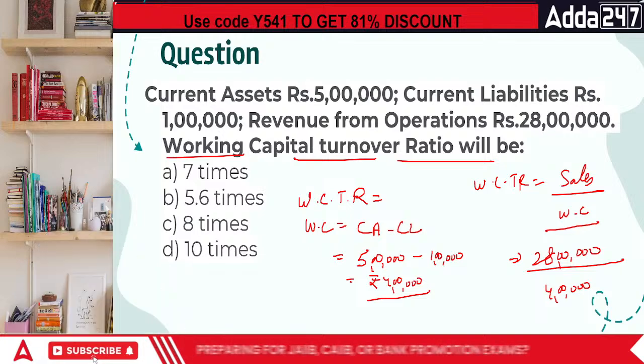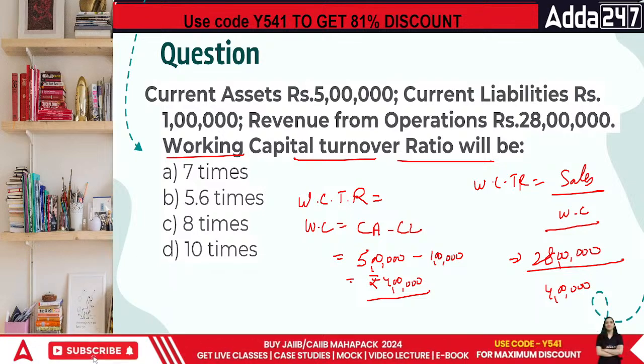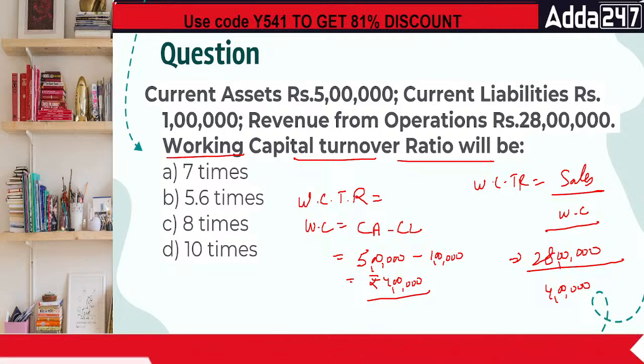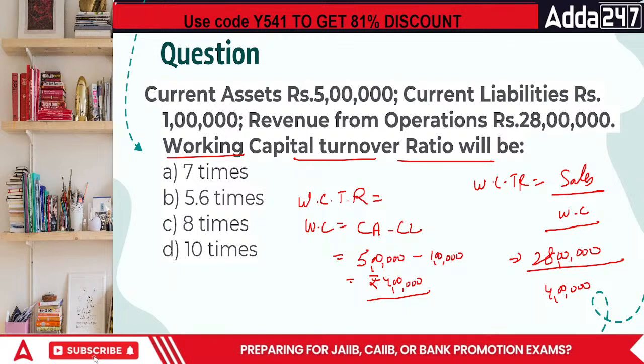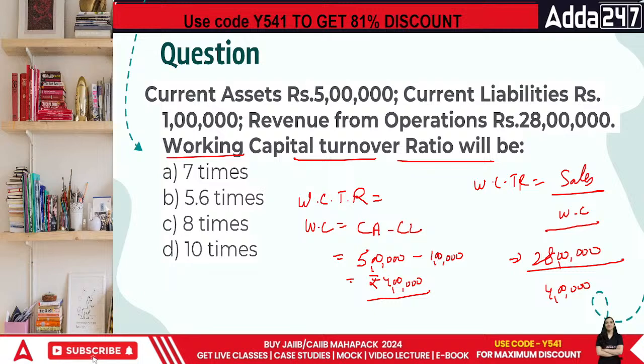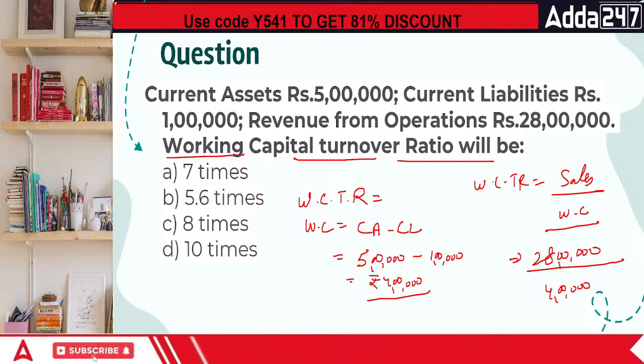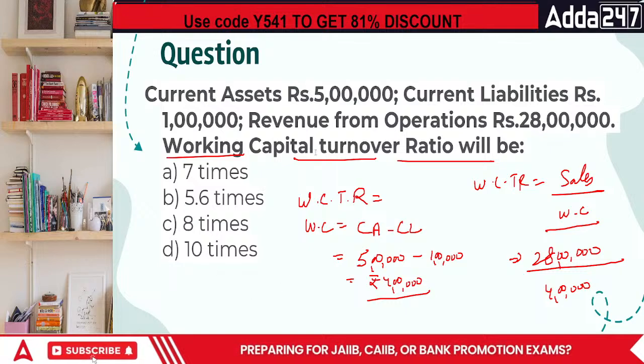Take a moment, everyone, and solve these questions very carefully. In this case, current assets are important, current liabilities are important, as well as the revenue from operations are equally important. Please solve these questions as well with me. It is important that we try these questions.